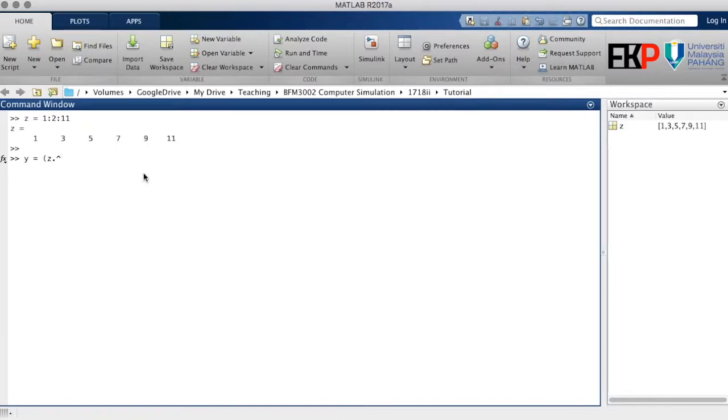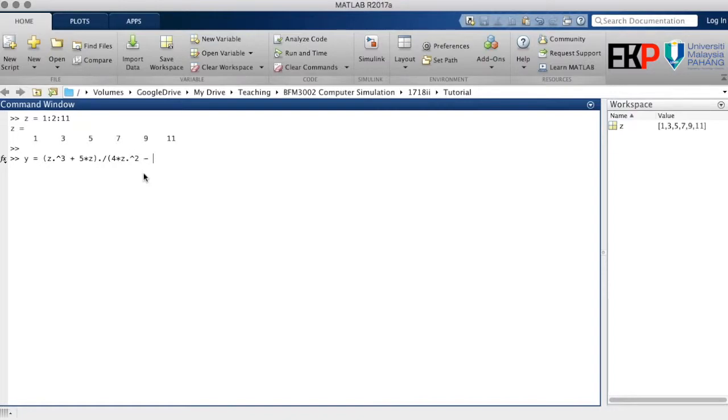z dot power of 3 plus 5 times z. There is no need to include the dot for multiplication with 5 because 5 is a scalar. For division, we also need element by element division, so dot divide. Now 4 times z, again we don't need an element by element operation here.